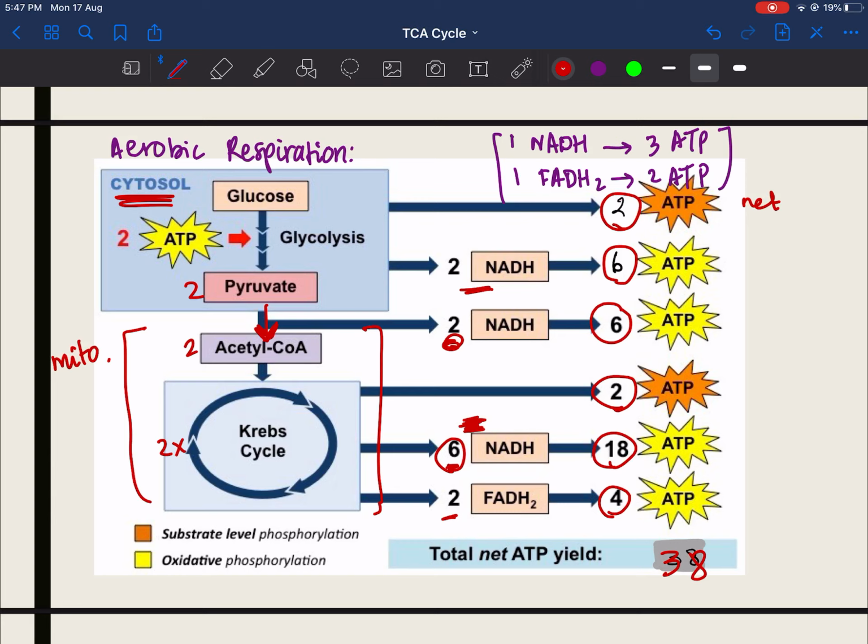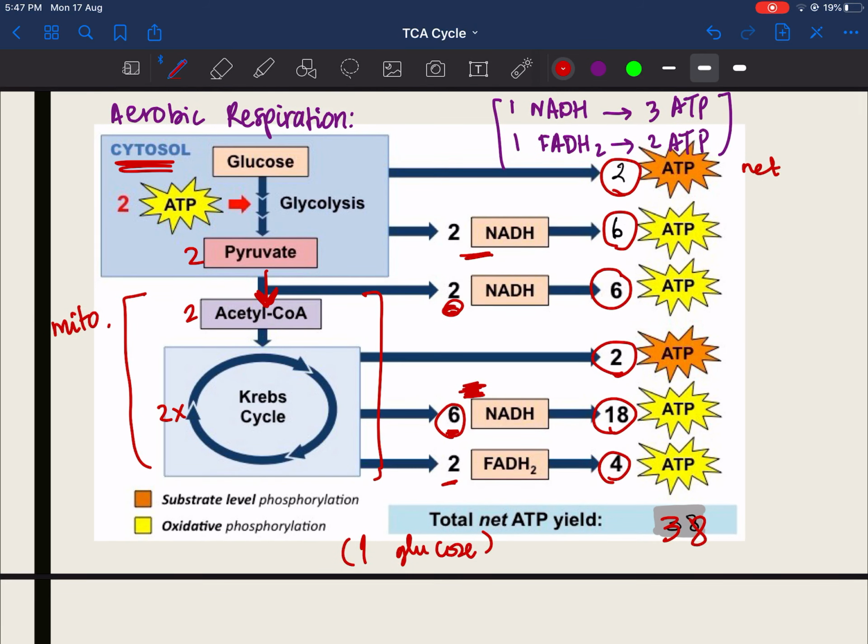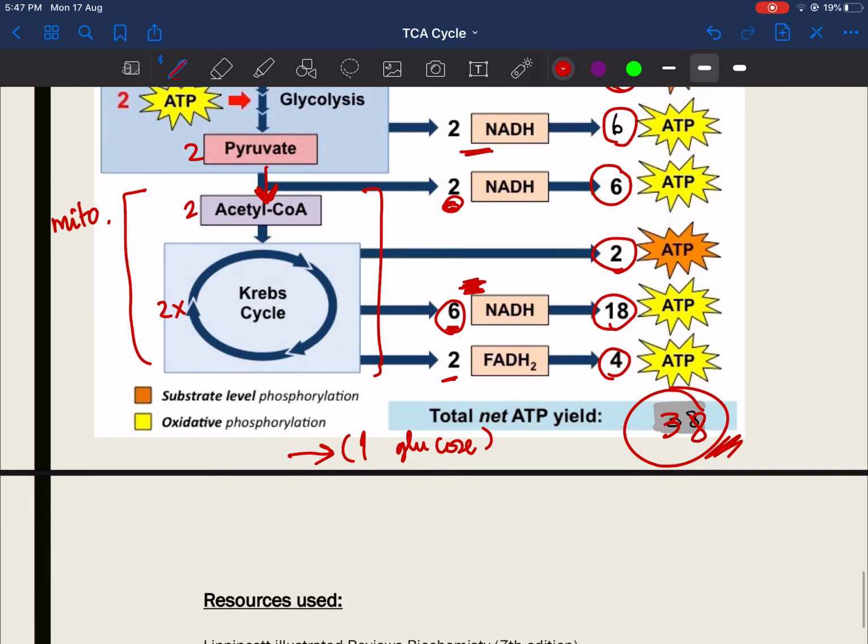And that's the net amount of ATP that one molecule of glucose yields through the entire process of glycolysis first, PDH second, the Krebs cycle, and after the Krebs cycle, the electron transport chain. All of these together, the entire process of aerobic respiration, gives you 38 molecules of ATP.